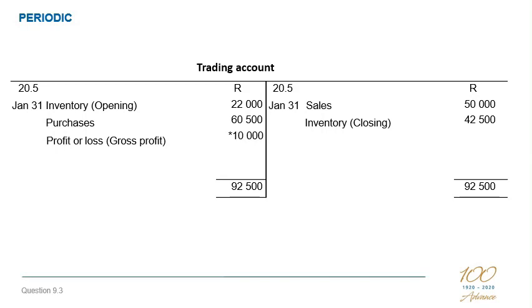So the trading account, to calculate the gross profit once again, starting off with sales, which is positive, minus cost of sales, which I did not keep track of. So I go over into my calculation, which is step 1, opening inventory, plus step 2, net purchases, plus or minus any expenses, which we didn't have in this example, minus the closing inventory of 42,500.